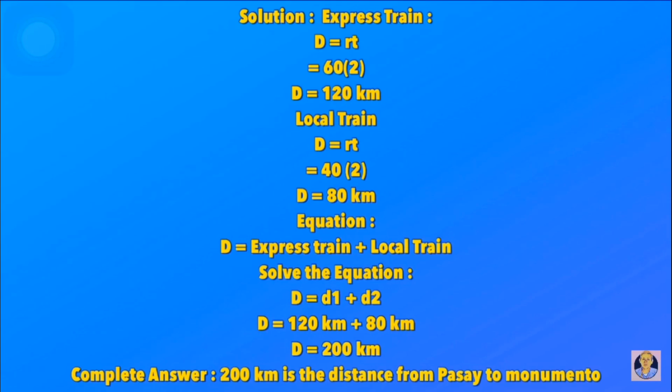We have to add. So the distance covered from Pasay to Monumento is 200 kilometers. So therefore our complete answer is 200 kilometers is the distance from Pasay to Monumento.